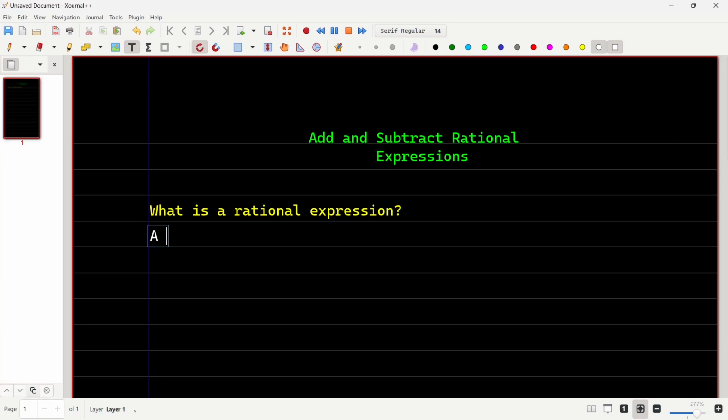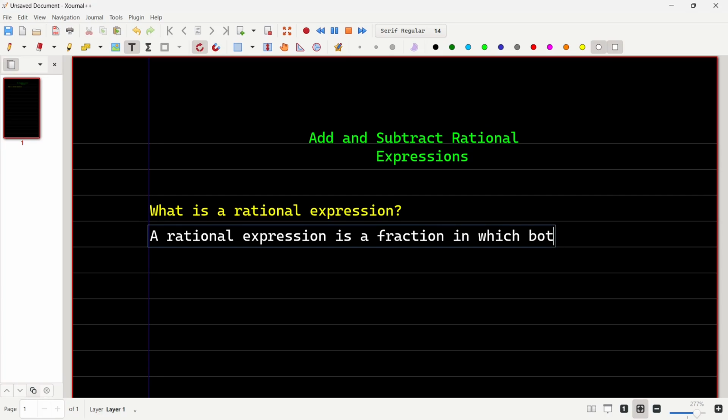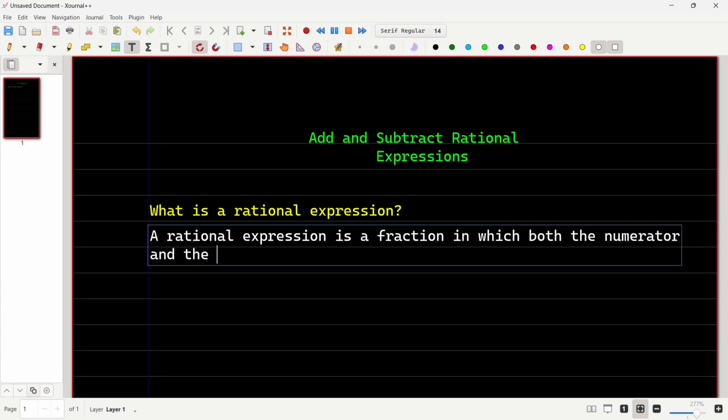So a rational expression is a fraction in which both the numerator and the denominator are polynomials.